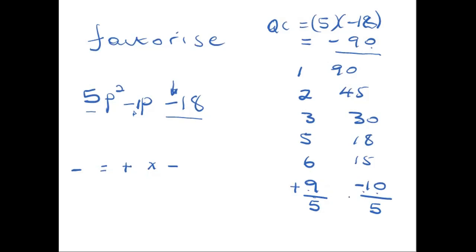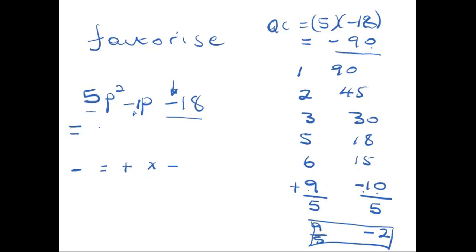But negative 10 divided by 5 simplifies to negative 2. So I have 9 over 5 and negative 2. I'm going to use these numbers to write out the factors.